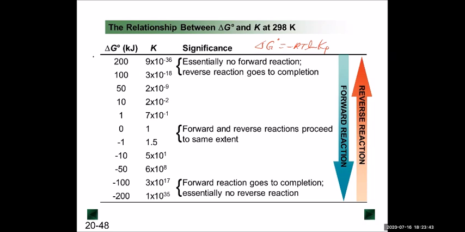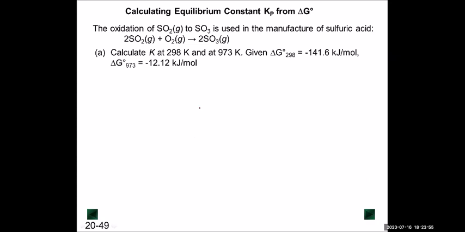And delta G is related to K, Kp. So calculate K at two temperatures. This is an example of how we use the free energy change to calculate the equilibrium constant. In this equation we have the standard free energy change.